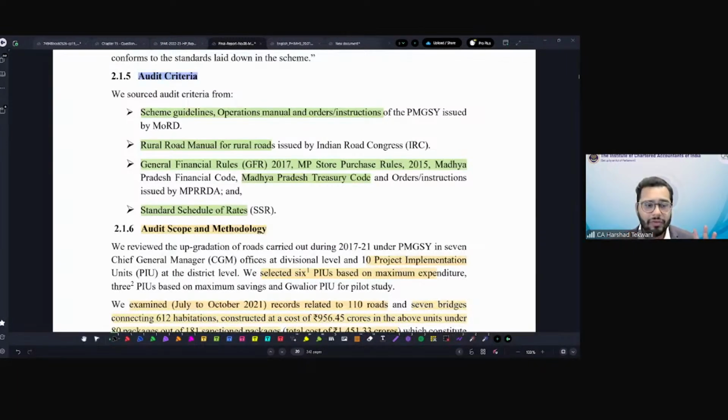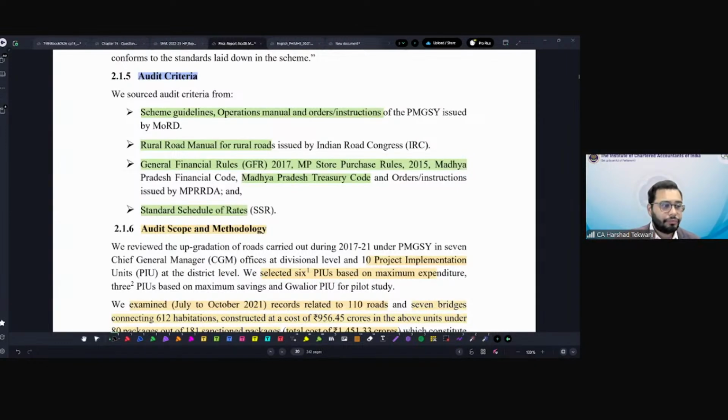We will go and discuss one observation also, so that you can identify what kind of observations can be there in compliance audit. But till now, any doubt with respect to compliance audit? Any doubt? No?